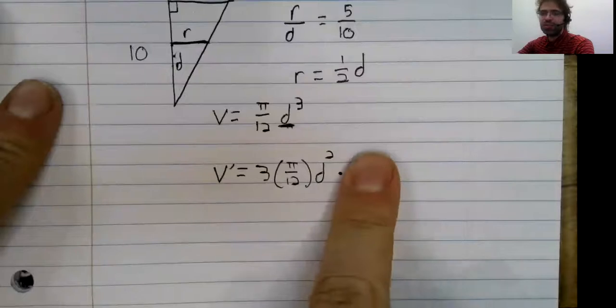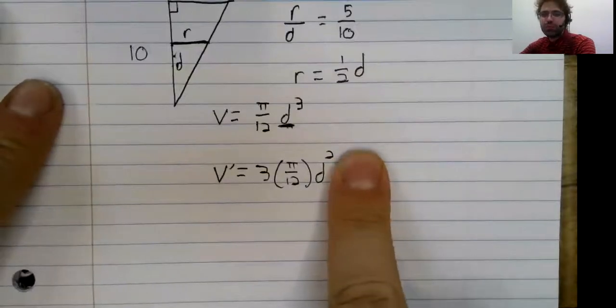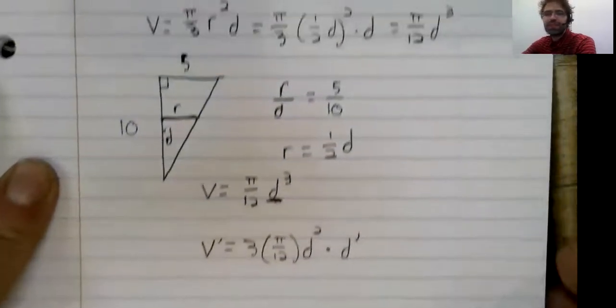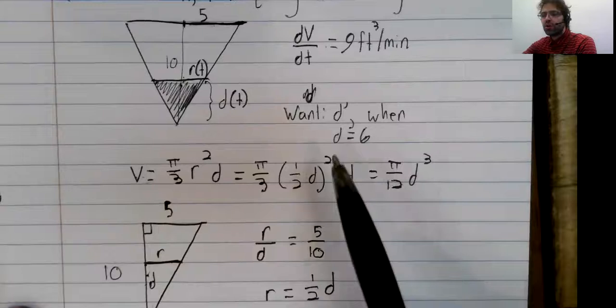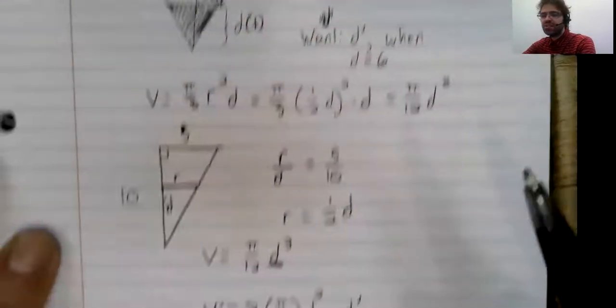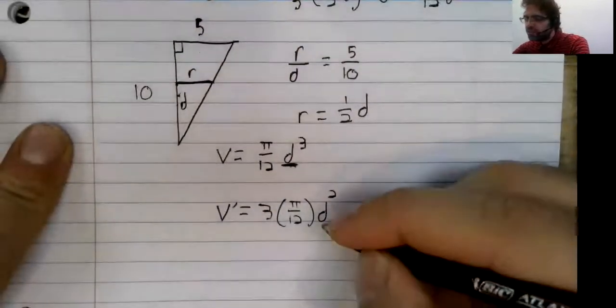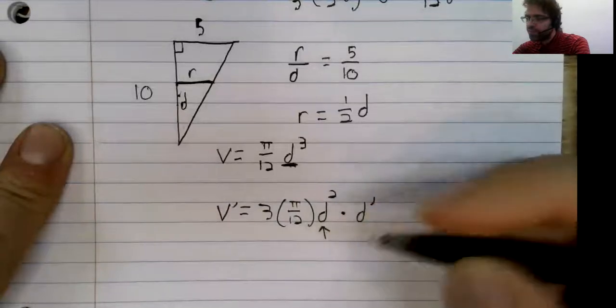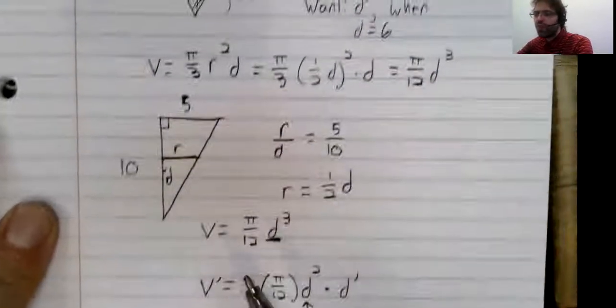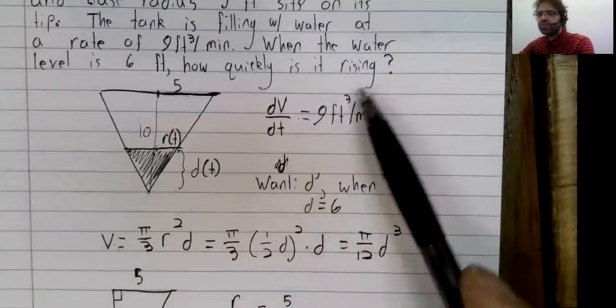If we forgot to use the chain rule, the thing we were looking for wouldn't even appear. In particular, we're looking for the derivative when d is 6.